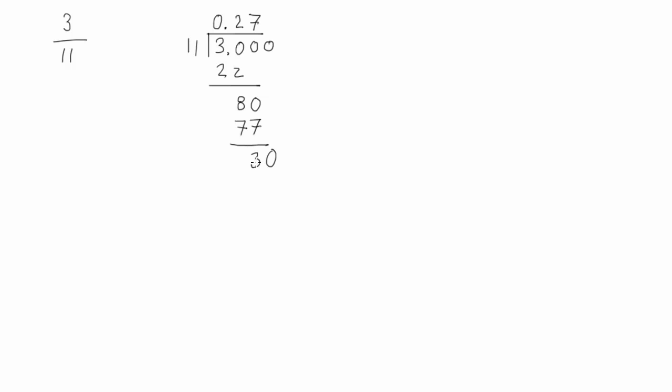We've got 11 into 30, which is again 2 times, and we can see that since we're just adding zeros here, we're going to end up repeating the same sequence over and over and over again. So we get a repeating decimal, 0.272727. Try it if you don't believe me.